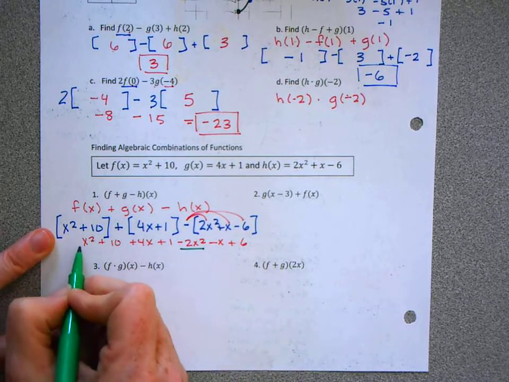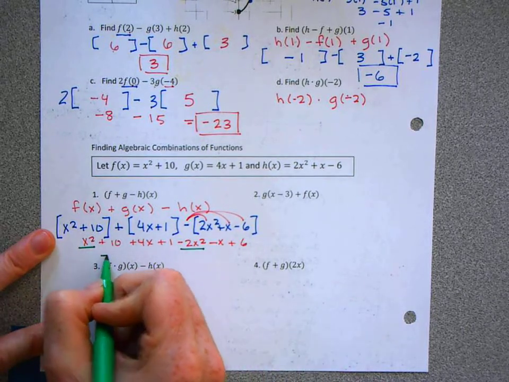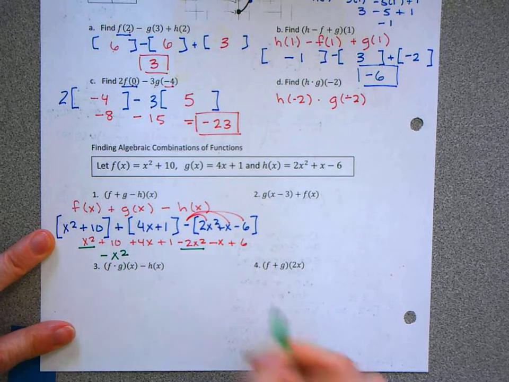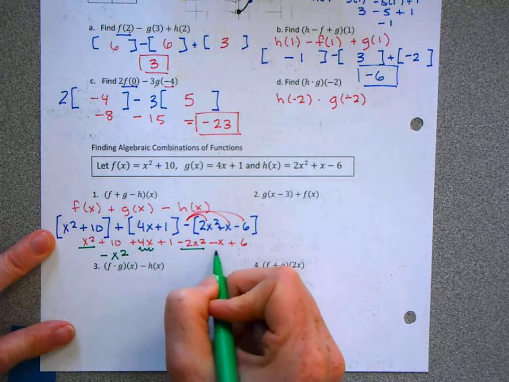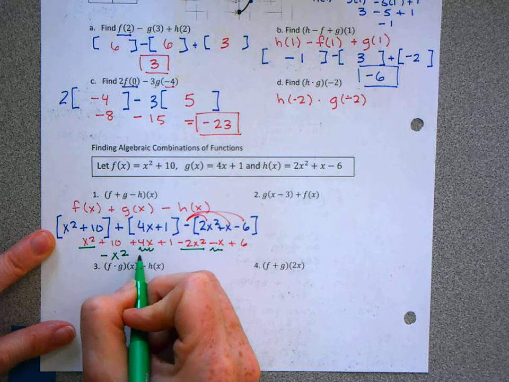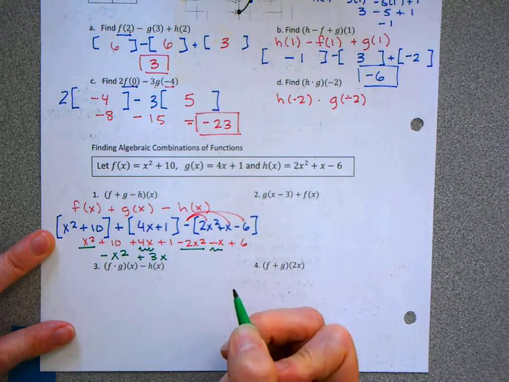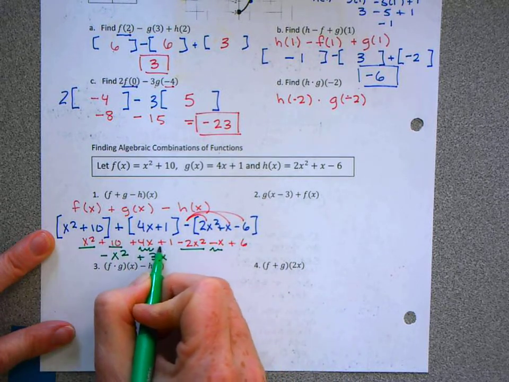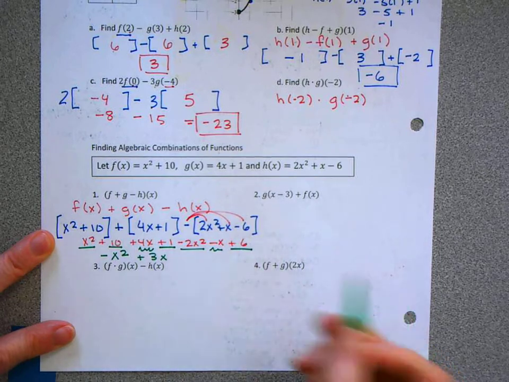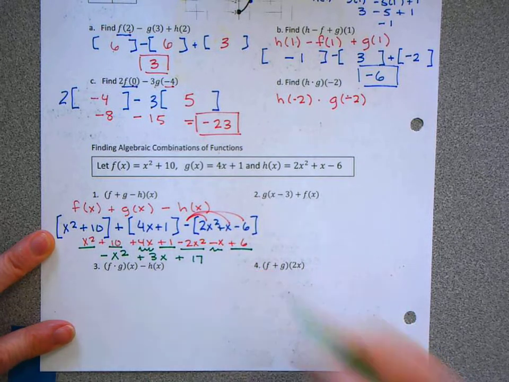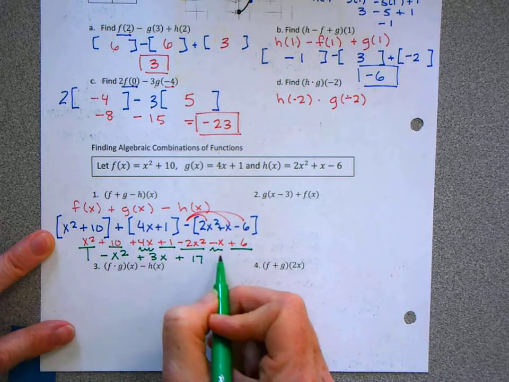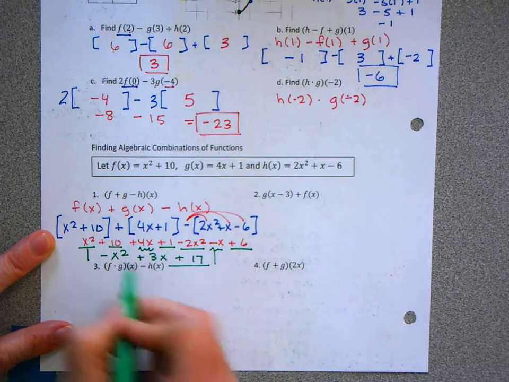Negative 2x squared and positive 1x squared is negative x squared. I combine my 4x and my negative x to get positive 3x. And then I combine the positive 10, positive 1, and the positive 6. So that's positive 17. Okay? So that is my answer.